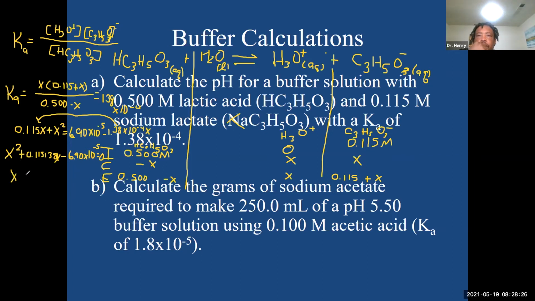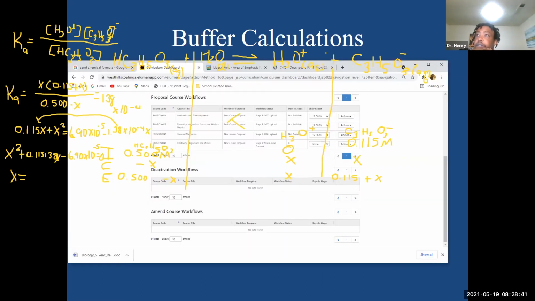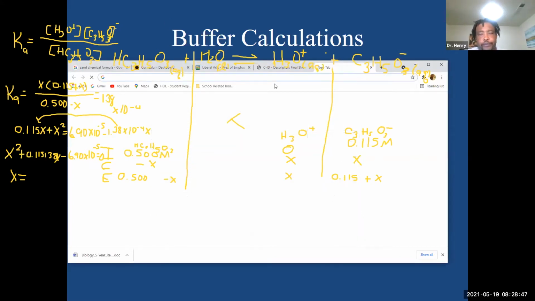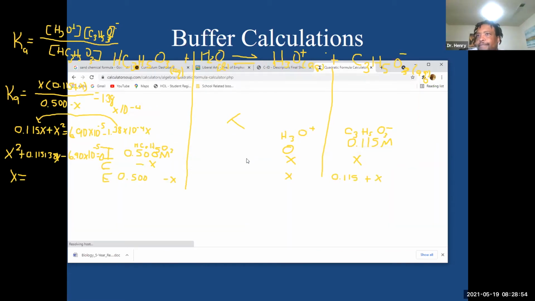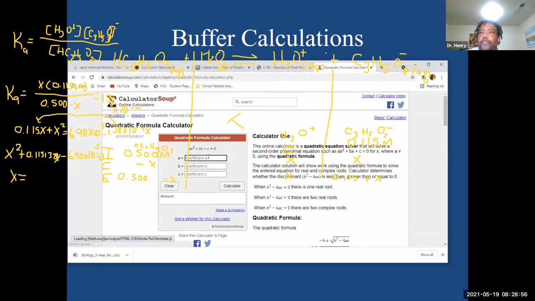x is going to equal, we're going to plug that into our quadratic equation. Let me pull up my quadratic equation. Of course, I don't have it up. Where is it? Sorry, working on a little curriculum. It's Calculator Soup. Okay, so let's plug in our numbers.